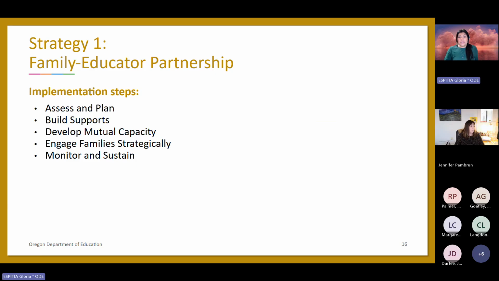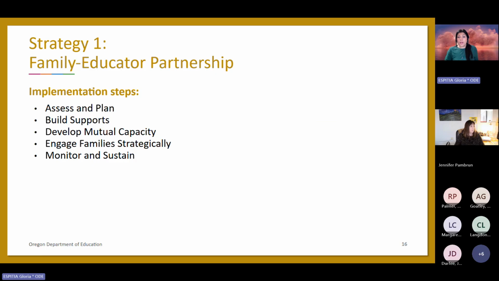So we'll need to design culturally relevant and accessible engagement strategies that purposefully connect to student outcomes by incorporating families' input into goal setting, instructional planning, and shared decision-making.